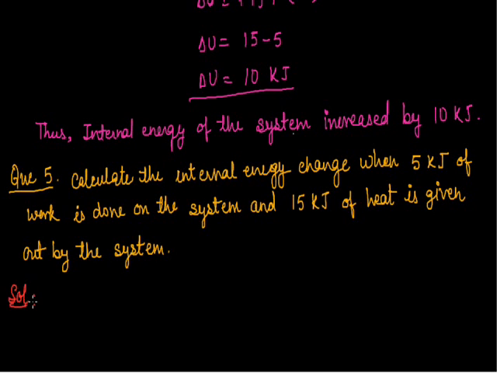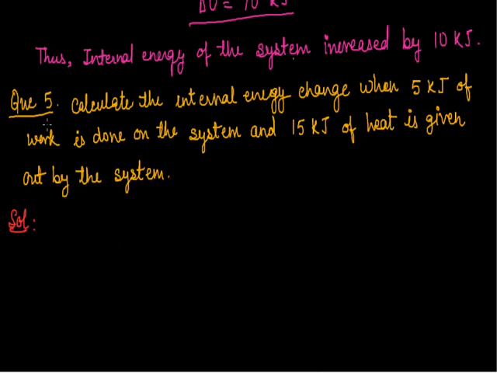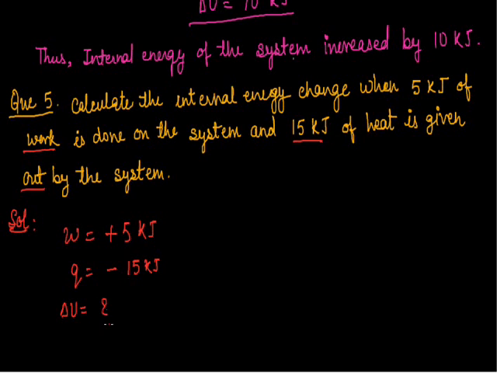Now, the solution for the question is, here the work is given, W is equal to 5 kilojoule is done on the system, means the value is positive, and Q is 15 kilojoule of heat given out of the system, means the sign will be negative. So Q will be minus 15 kilojoule, and the internal energy change is to be calculated.